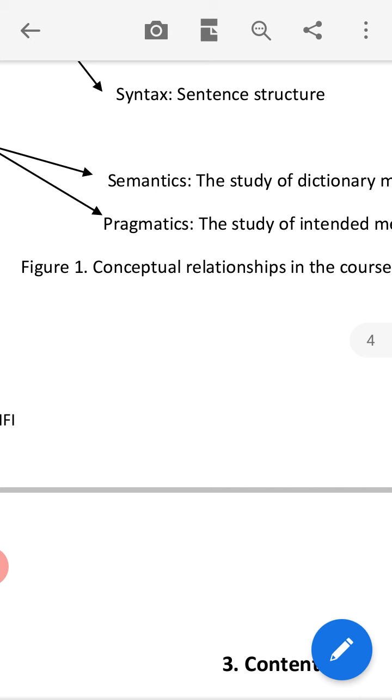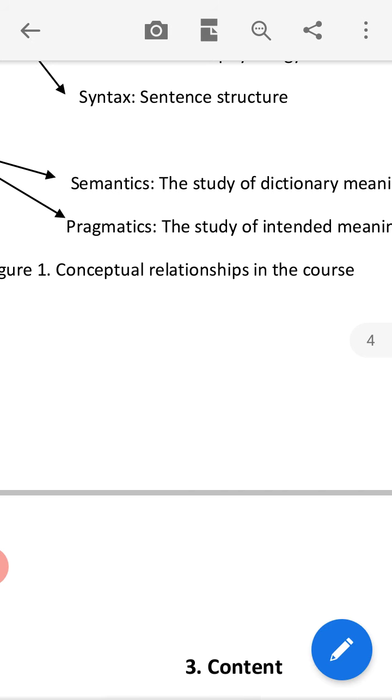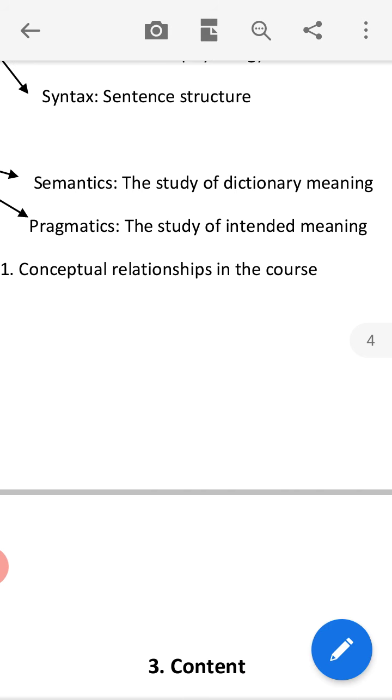Semantics deals with the idea of sense relations, where we try to define a word, I mean, use another word. For example, we identify an apple with a fruit.